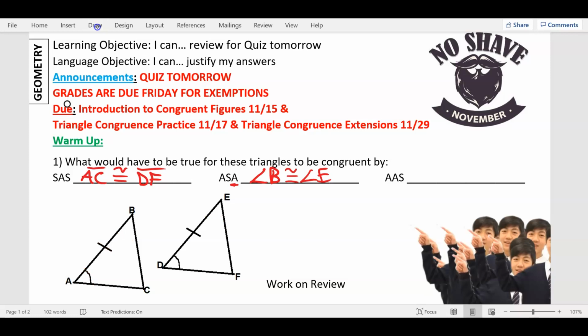Now, if I'm looking at this, I already have AS. So I just need another angle, not after it, but before the other angle, okay? So instead of being angle B, which other angle do I need? Angle C. If y'all look right here, this would make it angle, angle, side, AAS. Okay.